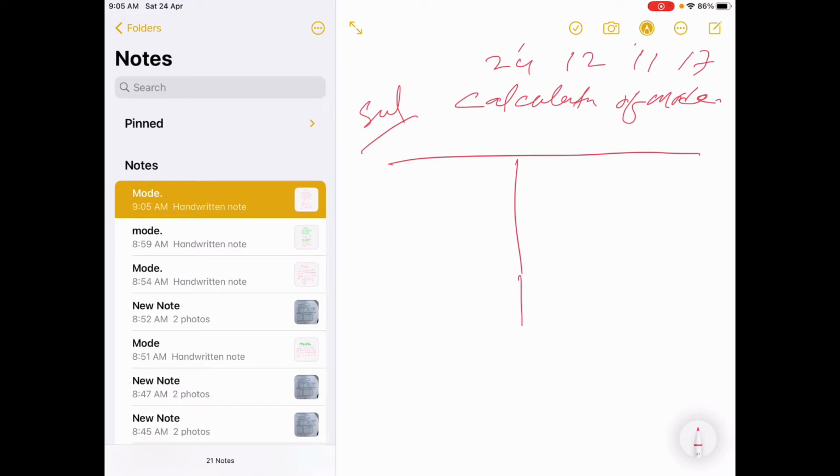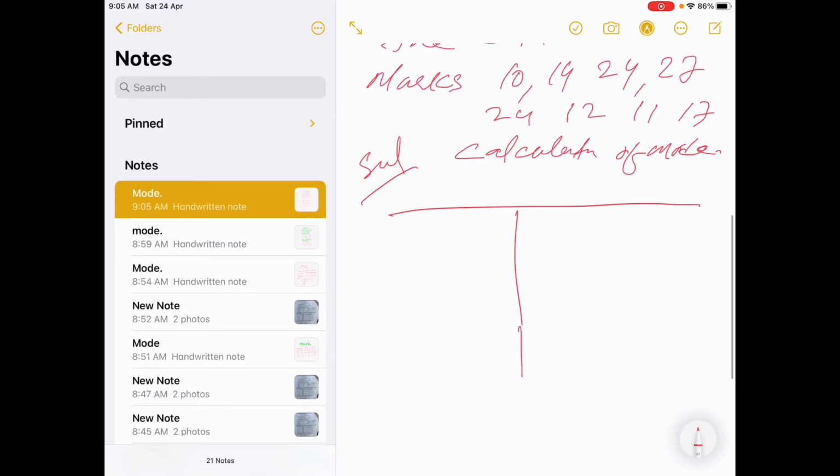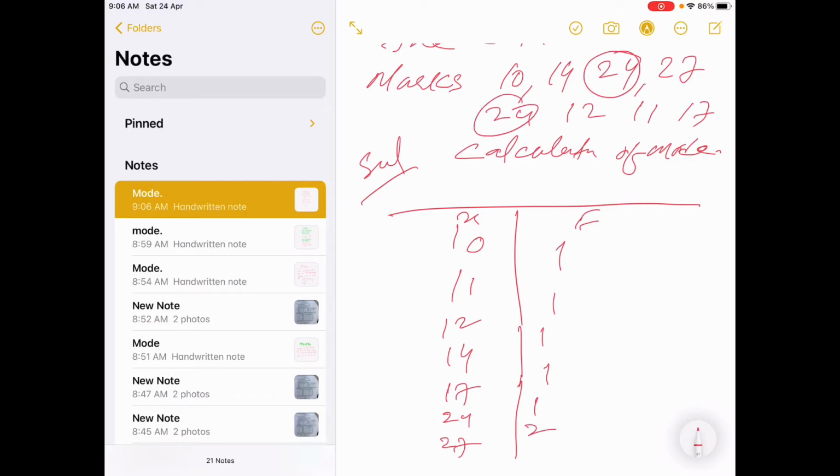You have to write 10 in ascending order: 10, 11, 12, 14, 17, 24 and 27, whatever variates they have given. 10 is occurring one time, 11 one time, 12 one time, 14 one time, 17 one time, 24 two times, 27 one time.